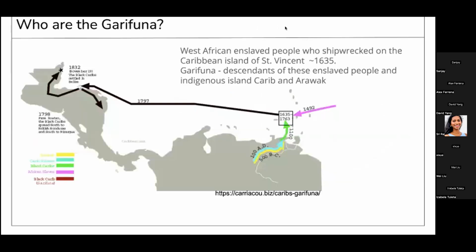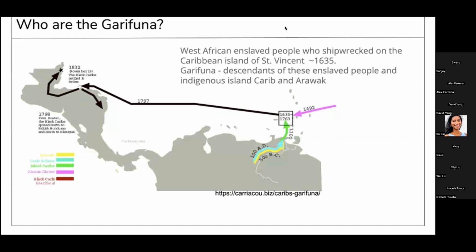Now, who are they? These individuals are descendants of a group of enslaved people from West Africa. They ended up shipwrecking on the Caribbean island of St. Vincent in 1635, and they were never re-enslaved. And the Garifuna are descendants of those individuals who survived the shipwreck and the indigenous island Carib and Arawak indigenous people from the island of St. Vincent.